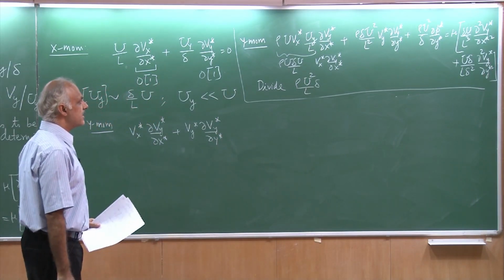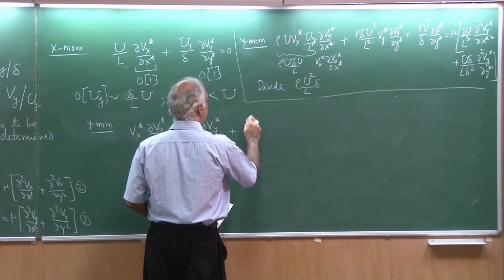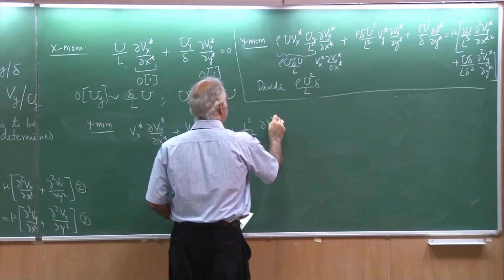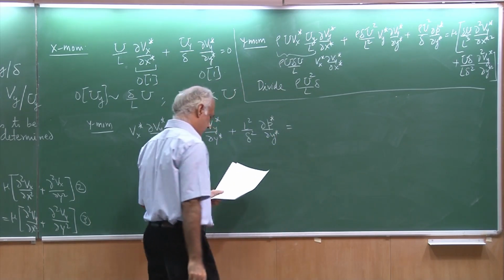So that's the convection term. Then the pressure gradient term, which would be L square by delta square del P star by del y star.